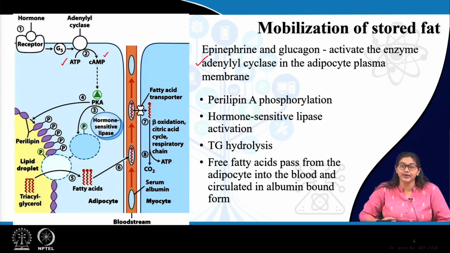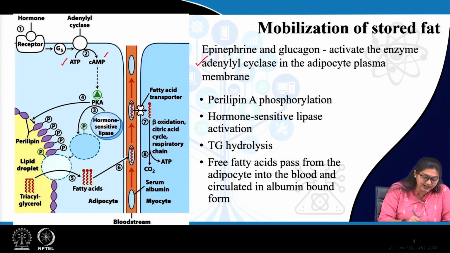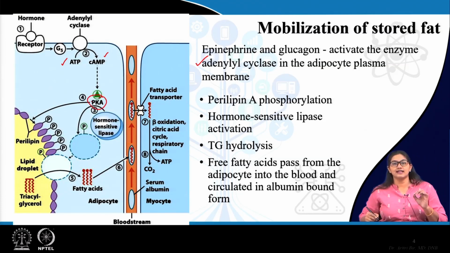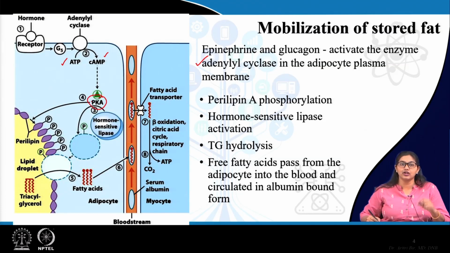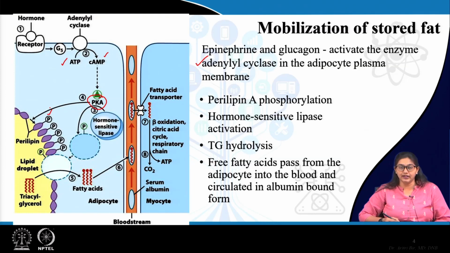If you remember from the previous classes, cyclic AMP activates cyclic AMP dependent protein kinase A. This protein kinase A is important for phosphorylation of different proteins and enzymes. One such important protein here is perilipin, which forms the surface of adiposomes. Perilipin is phosphorylated by protein kinase A in different regions.